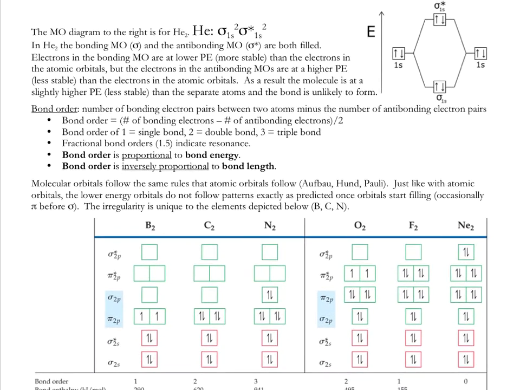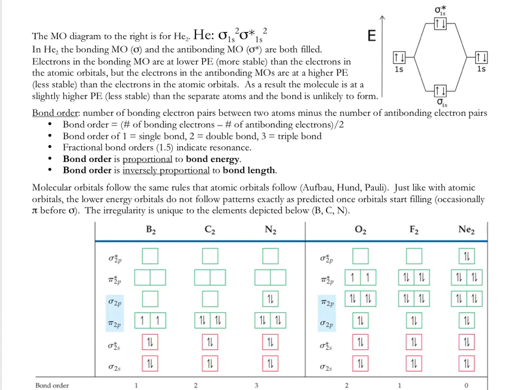The next one we have here is helium. Helium we think of as not being able to bond. Molecular orbital theory explains why it can't bond. The 1s orbital and the 1s orbital are both full, so if we combine those, we make a sigma 1s and a sigma star 1s.